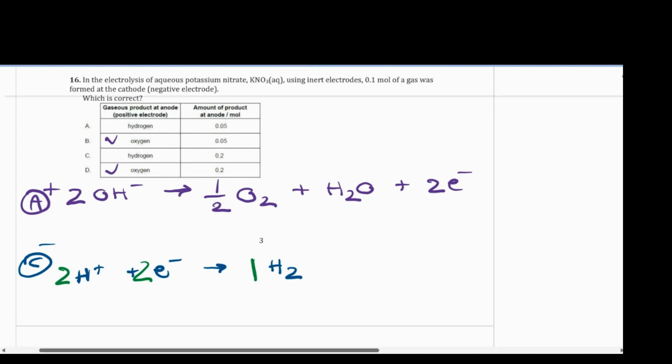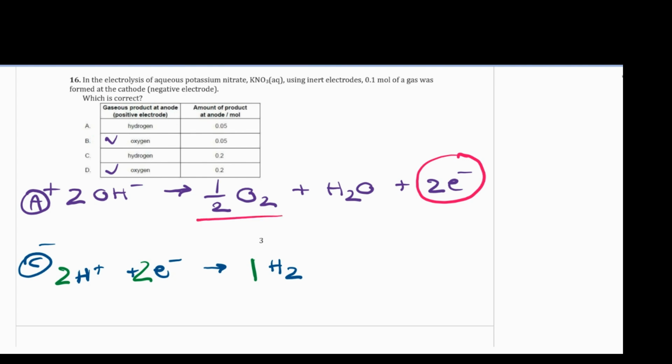So looking at the anode, for every 2 electrons, we get half a molecule of oxygen.